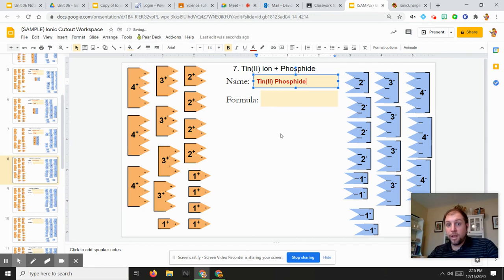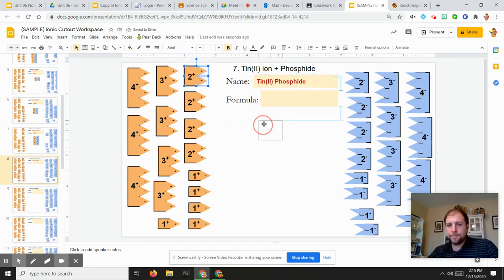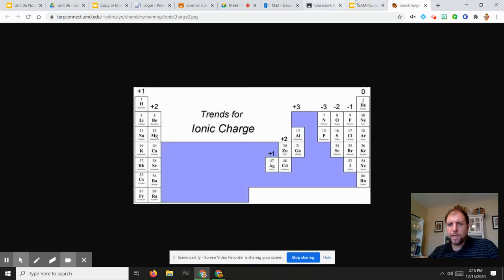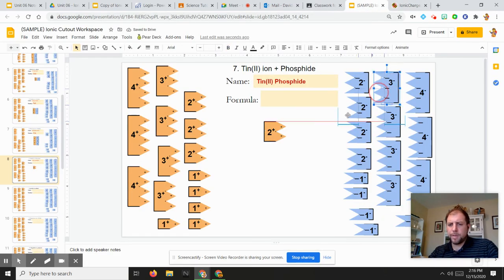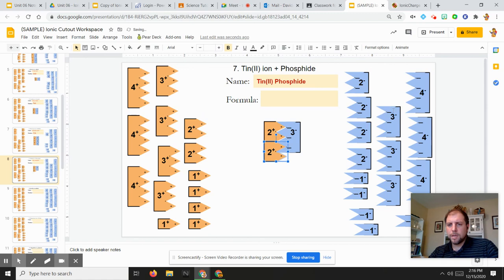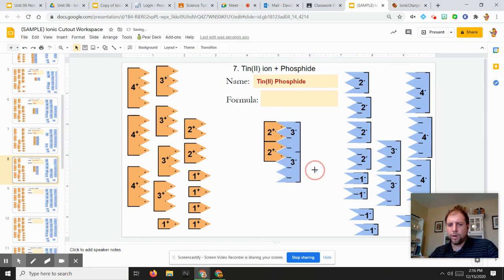The formula: let's grab a tin 2, and phosphide is 3 minus. There's always going to be a plus and a minus, guys, otherwise they won't cancel out. I'm going to bring this here. You'll get to a certain point where you won't even need to do this anymore, and that's when I know I've taught you.